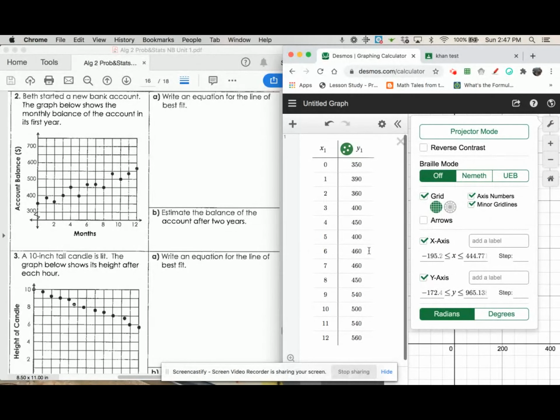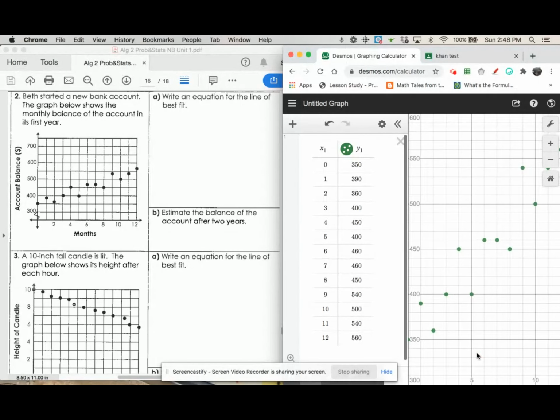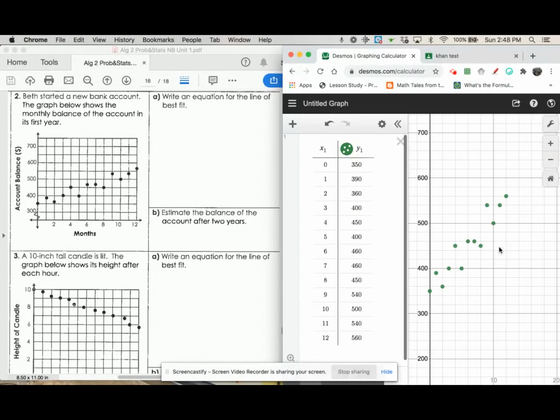The x-axis goes from 0 to 12, so I'm going to start it at 0 and bring it to 12. Then over here, I'm going to have the y-axis start at 300 and go up to 600. Let's see how it looks now. Looks a little better, right? Maybe I'll zoom in a little bit, but there you go.